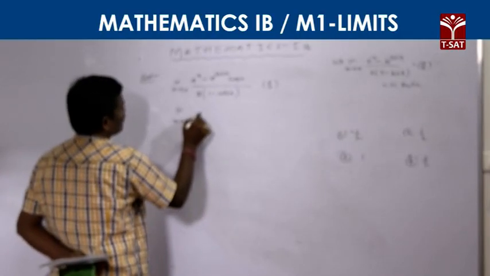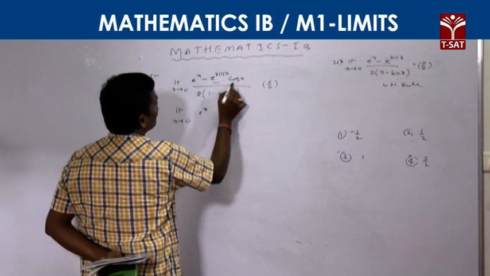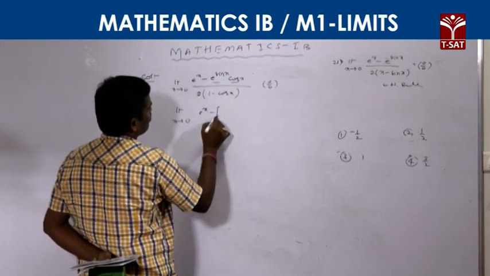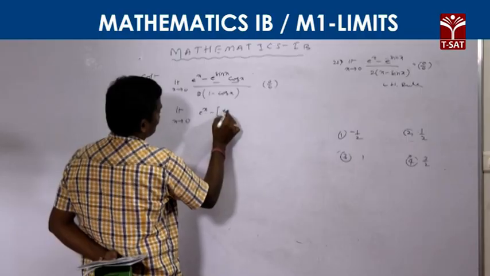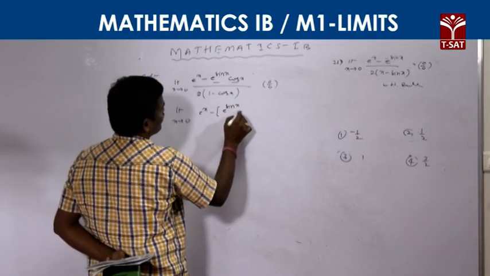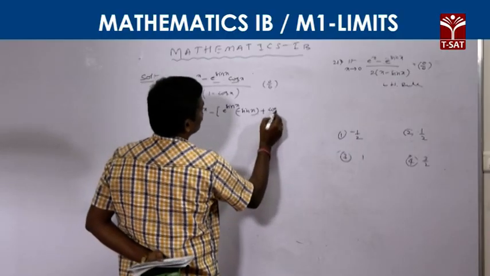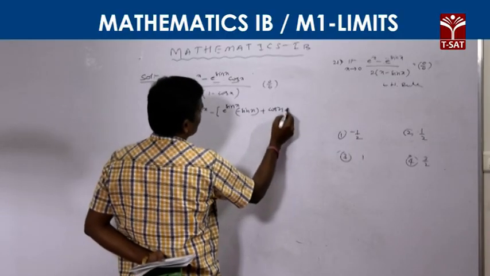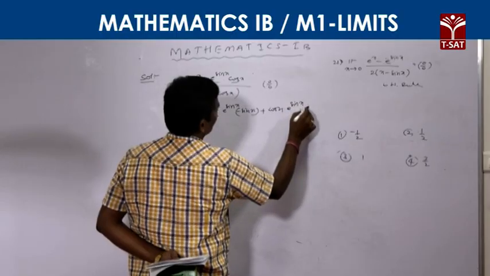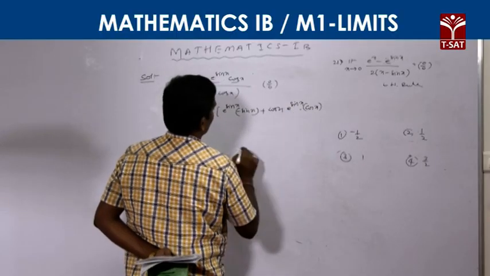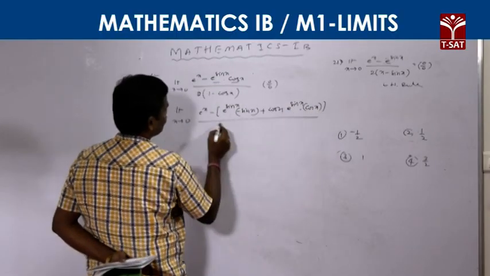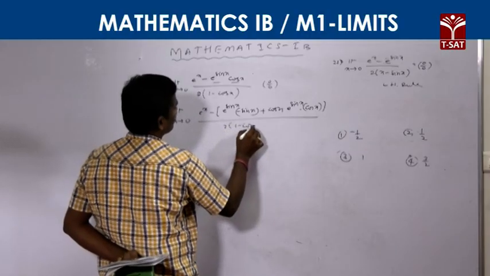Limit x tends to 0, e^x is e^x. Here, using the uv rule, minus u into derivative of v: derivative of cos x is minus sin x, plus cos x into the derivative of e^(sin x), which is e^(sin x) and sin x's derivative is cos x, divided by 2 into 1 minus cos x.